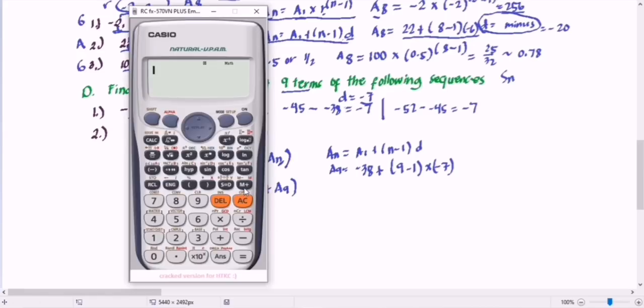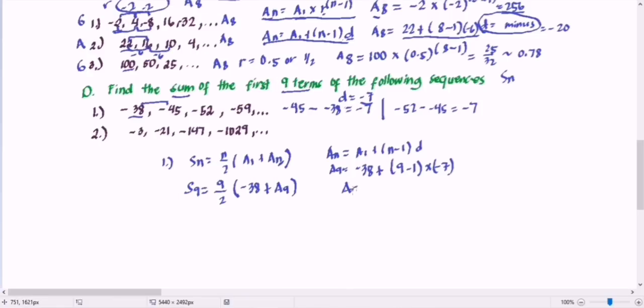Negative 38 plus parenthesis 9 minus 1 times negative 7. So, yung pang-9th term natin ay negative 94. So, a sub 9 is negative 94.